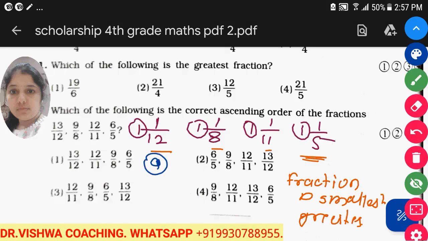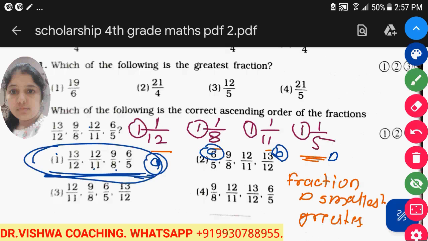We rename it as A. Then will come B, then C, and then D. Now the sequence is 13/12, then 12/11, then 9/8 and lastly 6/5. So option number 1 only shows the ascending order.